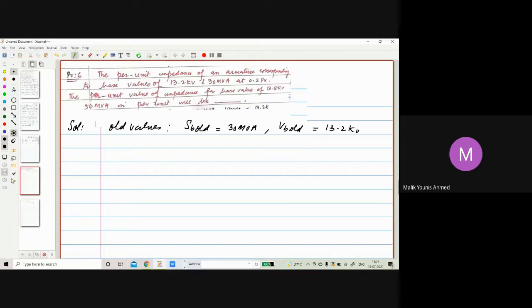The per unit impedance for the base value of this. So whatever you have to find, those are new values. Whatever the earlier data is, that's for the old values. And X_PU old is given as j0.2 per unit. Okay. So what are the new values now? So these are the new base values.